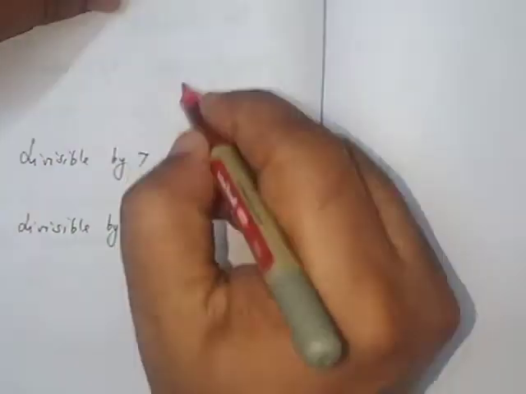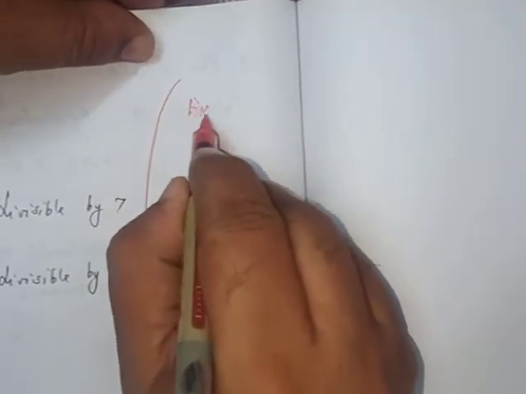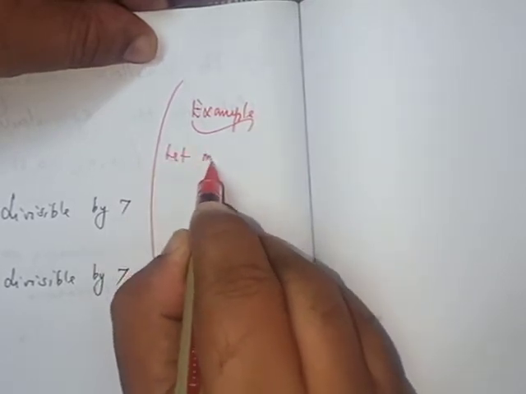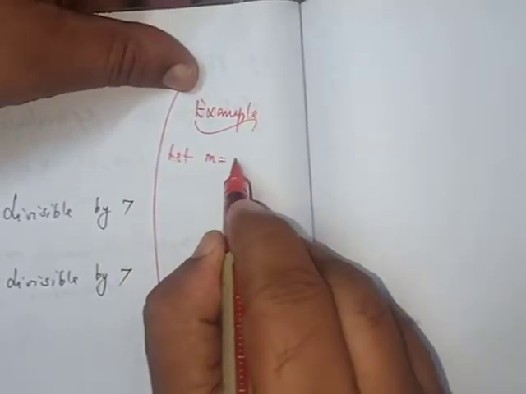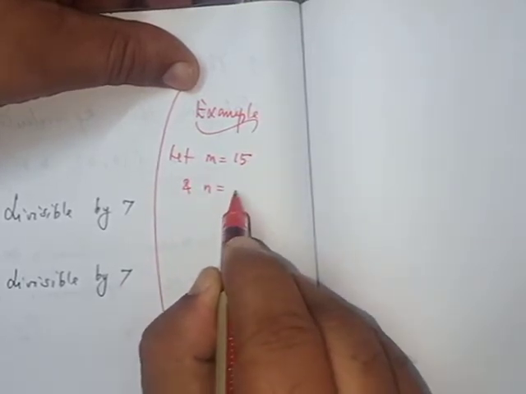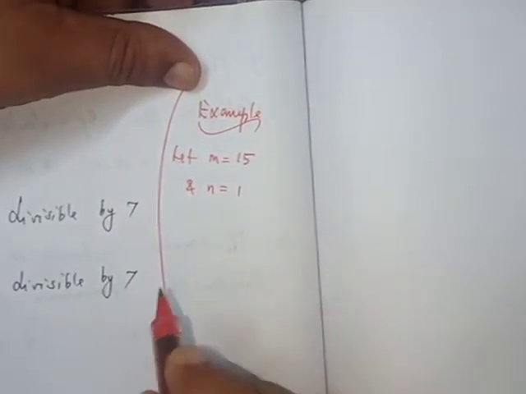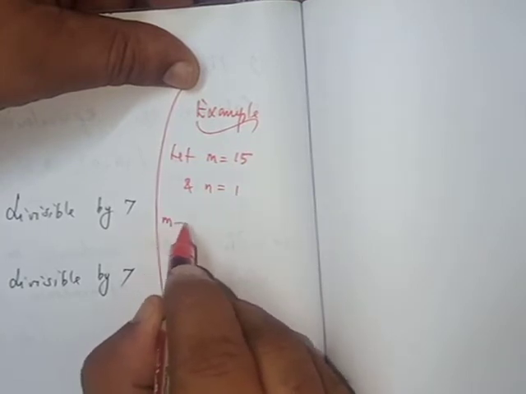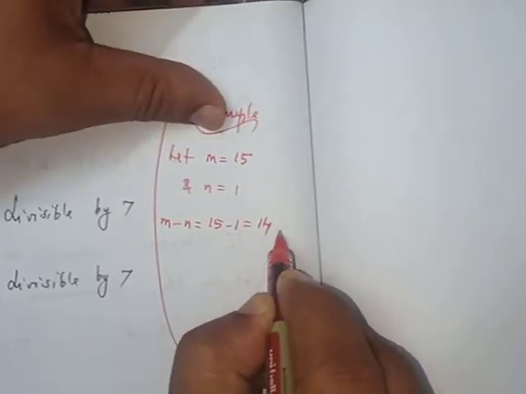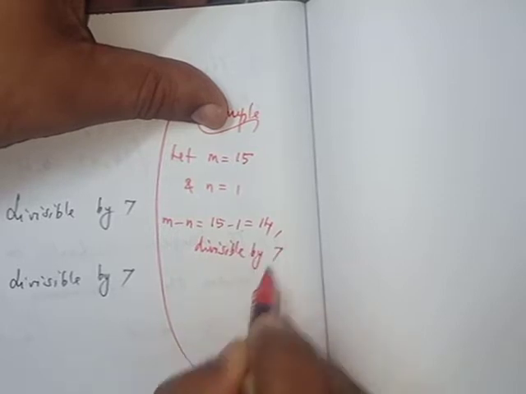Example: let m equal 15 and n equal 1. Now m minus n is 15 minus 1, which is 14, and that is divisible by 7.